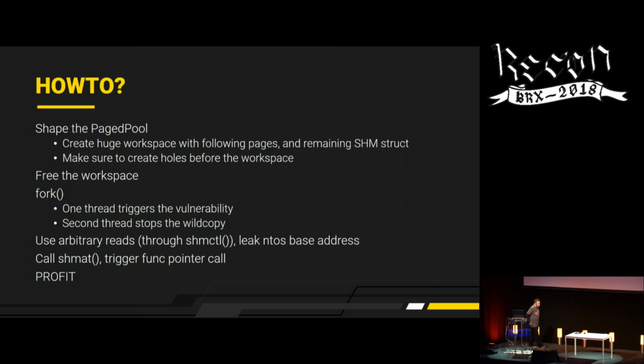So basically, we know what we need to do, right? We are done. We shape the page pool, we stop the wild copy, we corrupt the sham structure. From that sham structure, we break all the KASLR of the system. And from that, I can call the pivot, which disables SMEP, and then jump to shellcode. Now, I really hope that you note that I didn't gain, and it's a really cool part, arbitrary or relative write primitives.